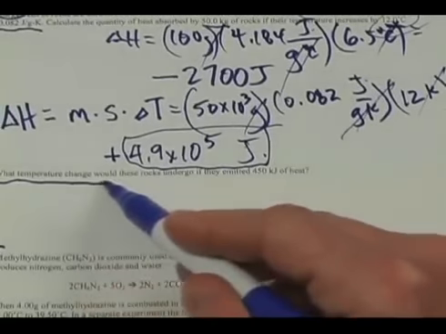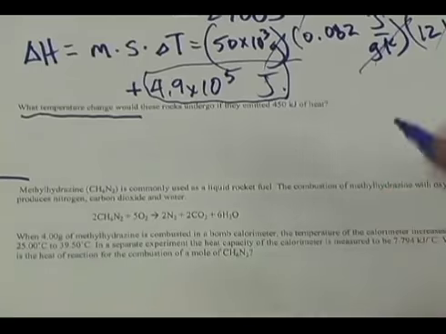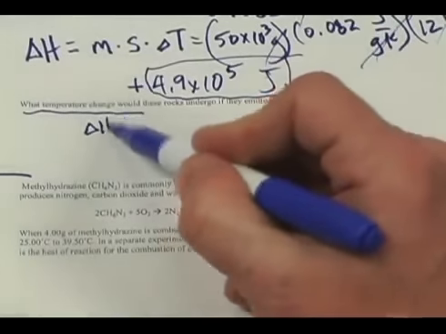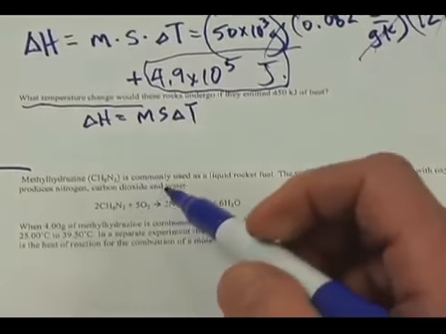Second question, what temperature change would these rocks undergo if they emitted 450 kilojoules of heat? So now we use the same equation, H equals mass times specific heat times the change in temperature.